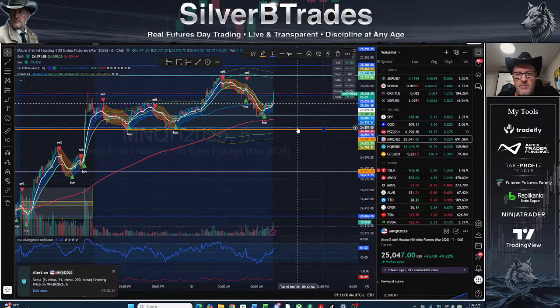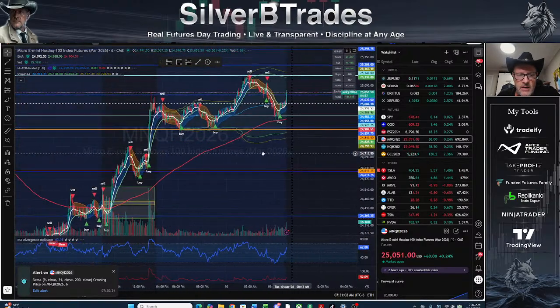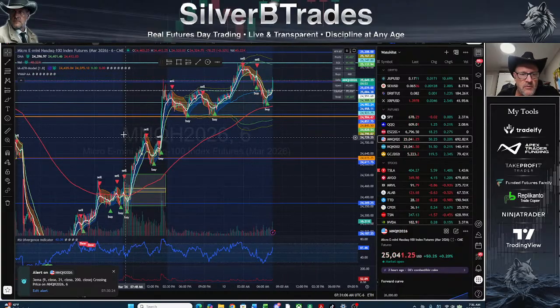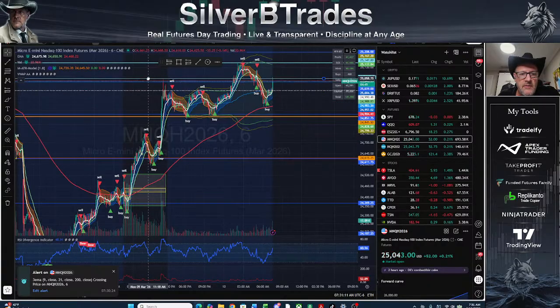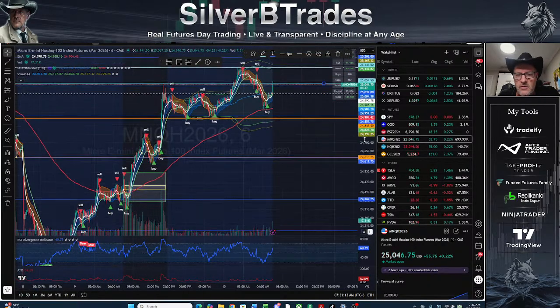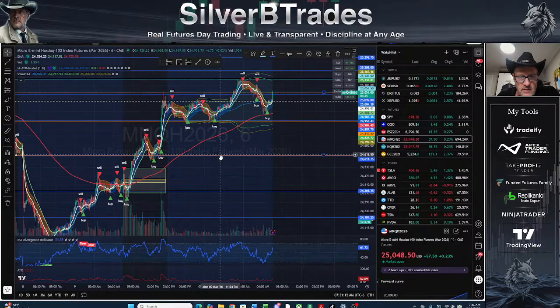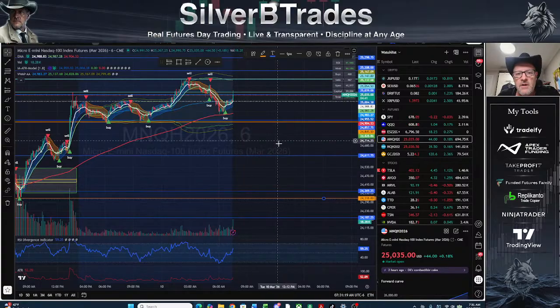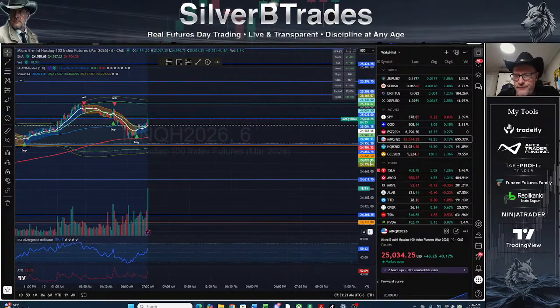The other blue lines you see are just some hourly areas of support and resistance that I sometimes reference. Then I mark yesterday's high and yesterday's low in the regular session as references, and there we go.